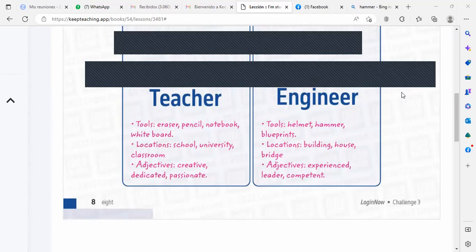Of course. What do you need to be a baker? What are the adjectives? You only need to love dessert. And maybe to be patient, or maybe to be creative also, right?